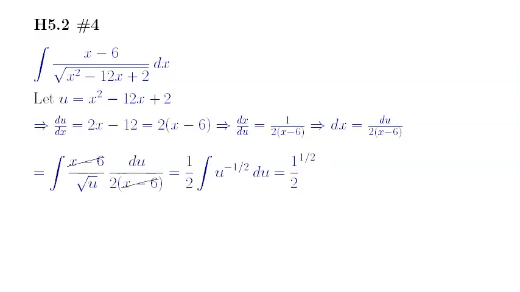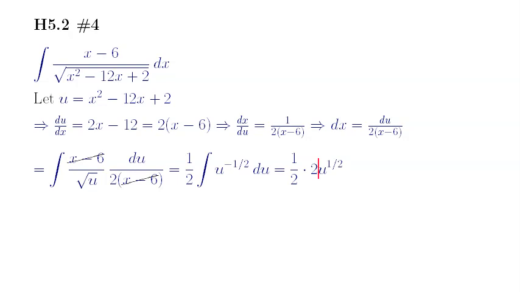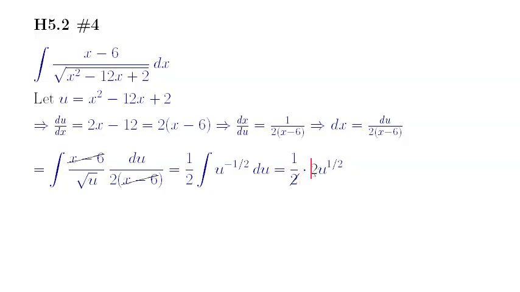Now we have 2 on top and 2 on the bottom, so we cancel those. Then, of course, I forgot the plus some constant. If you clean it up, you have simply square root of u plus some constant.